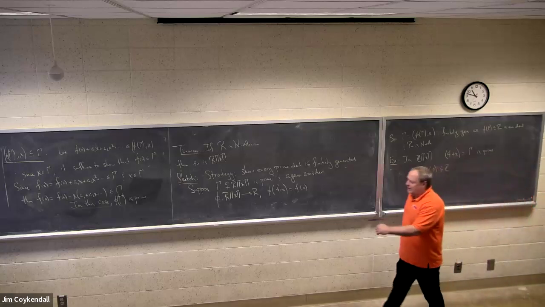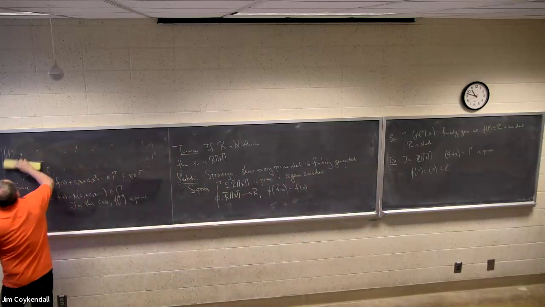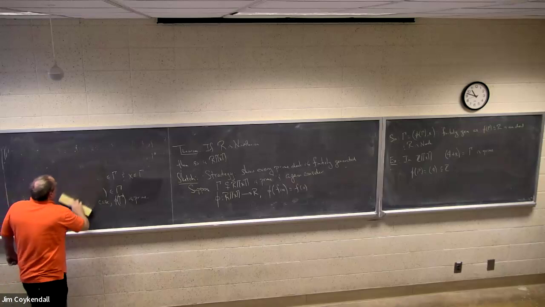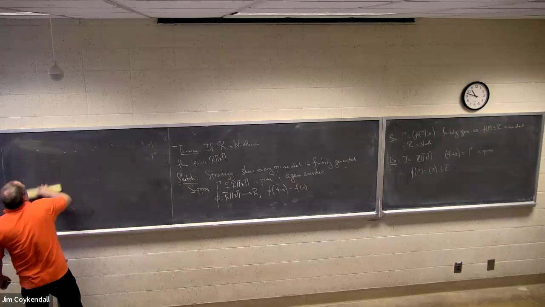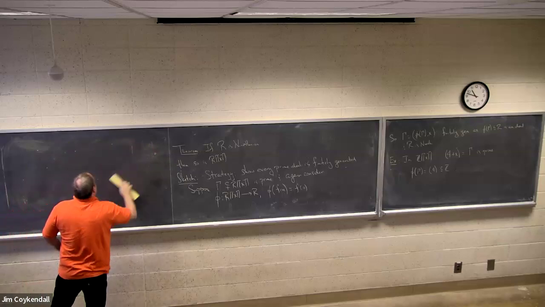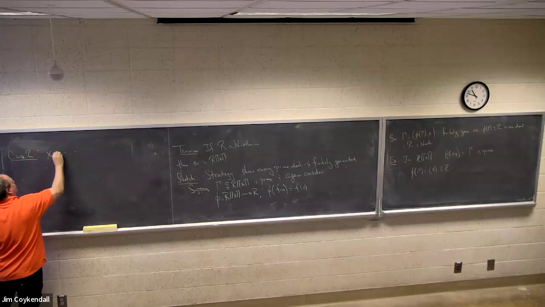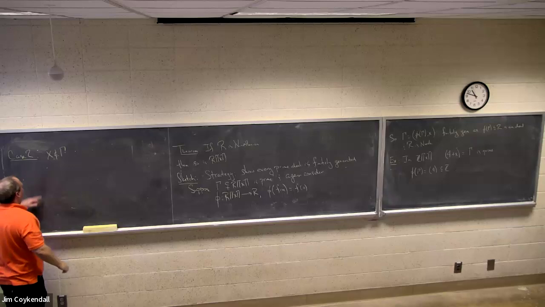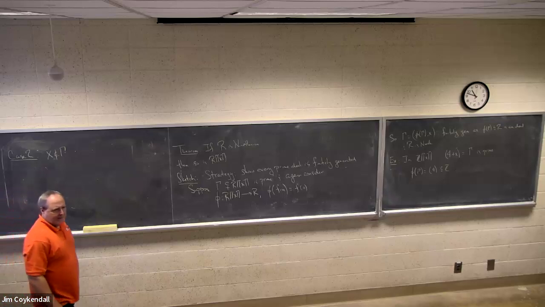Okay, so what's the second case? The second case is this. Suppose now that x is not in gamma. Okay, so what happens in this case?